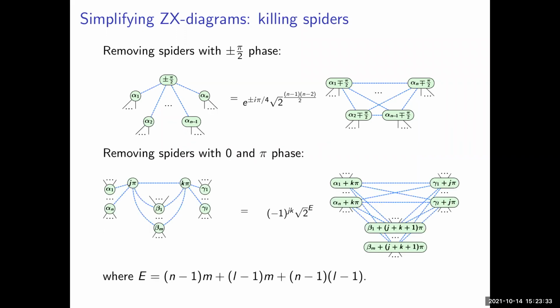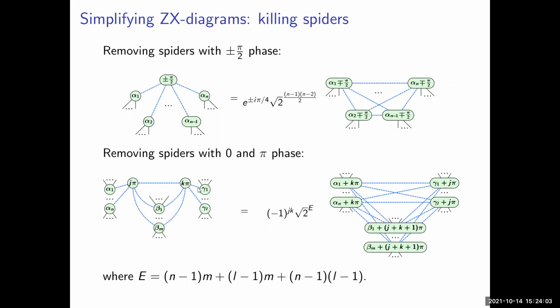And the second step removes more spiders. And this targets spiders which have a 0 or a pi phase. And we can apply it whenever we have a connected pair of spiders that both have a 0 or a pi phase. And again, the result is that we remove the spiders and we toggle the connectivity of these things, and we get some scalar factor here. Okay. Again, it's not obvious that these rewrite rules hold, but you can prove them using the standard graphical rewrite rules of ZX.